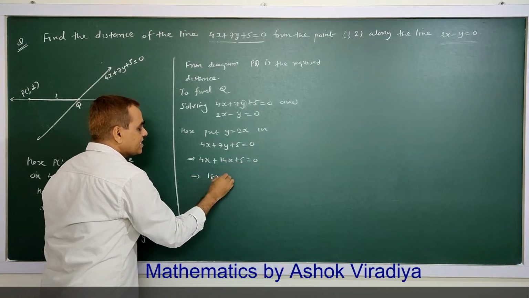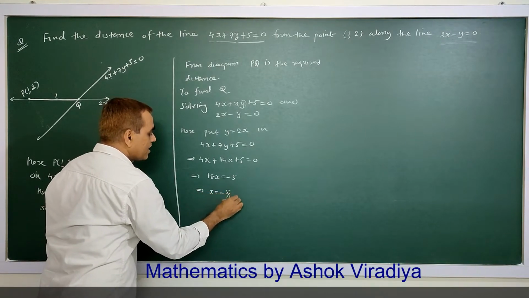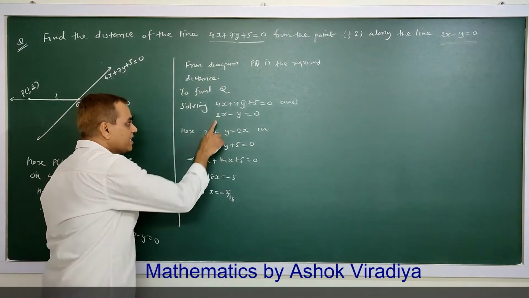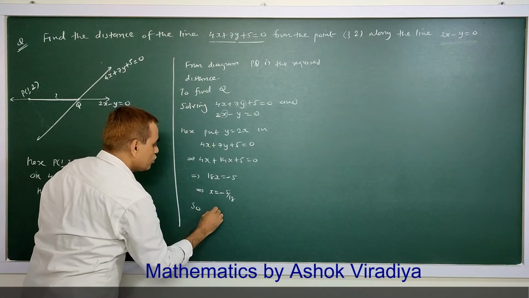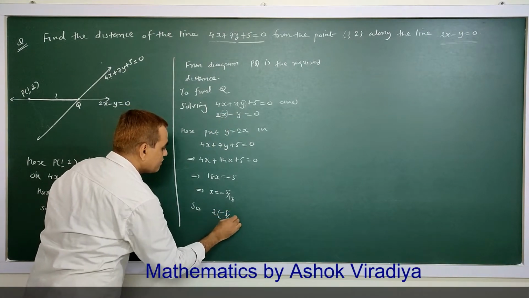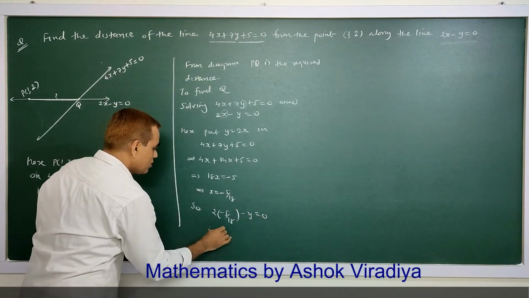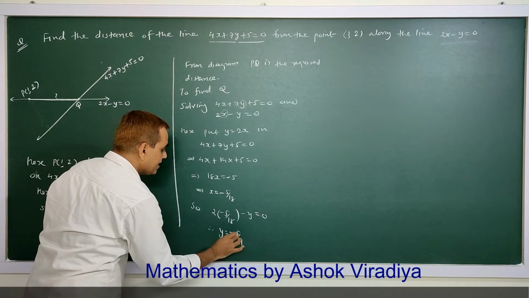So 18x is equal to minus 5. So x is minus 5 by 18. Putting this value here, 2 into minus 5 by 18 minus y is 0. So y is minus 5 by 9.